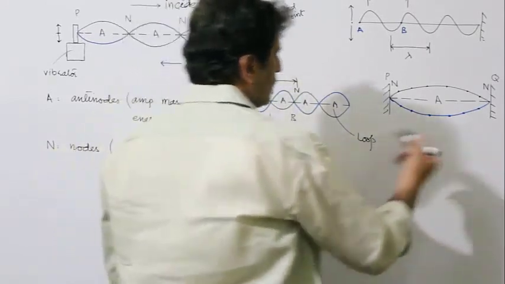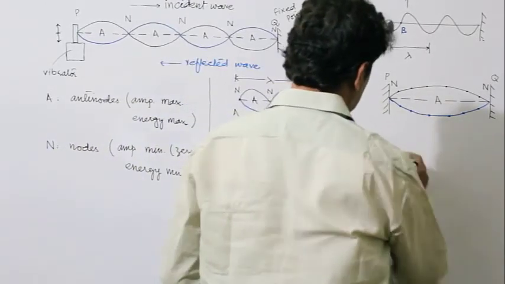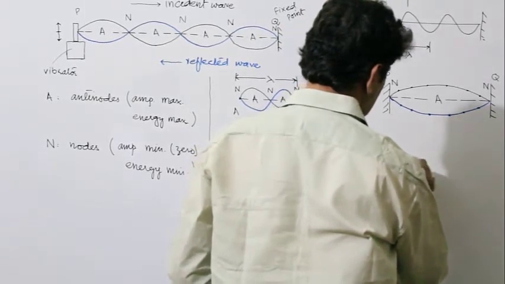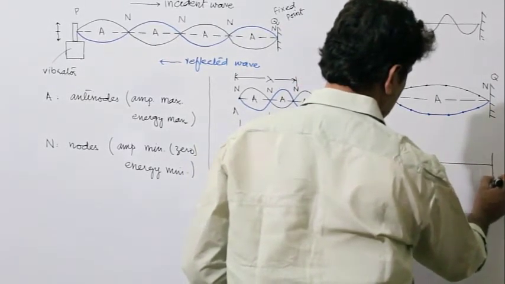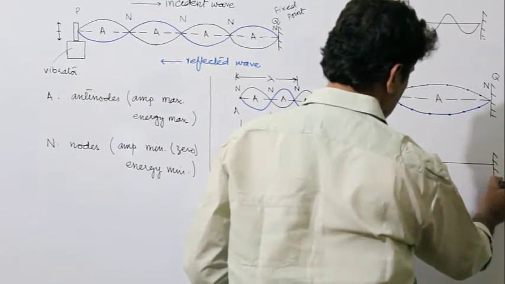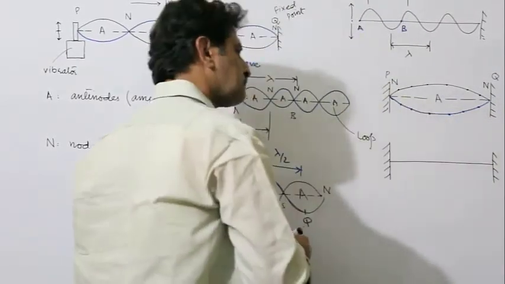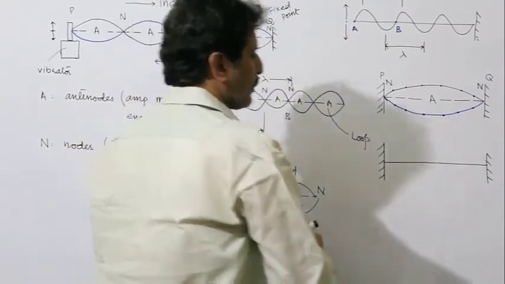And if we generate two loops, for example, in the same string, we will pluck this string at the middle of the middle position.